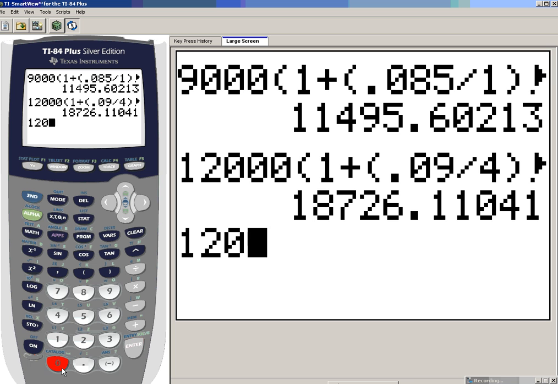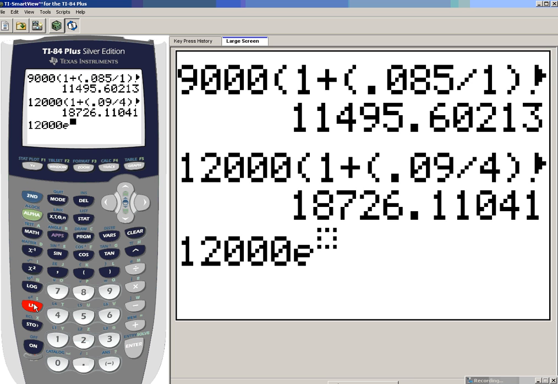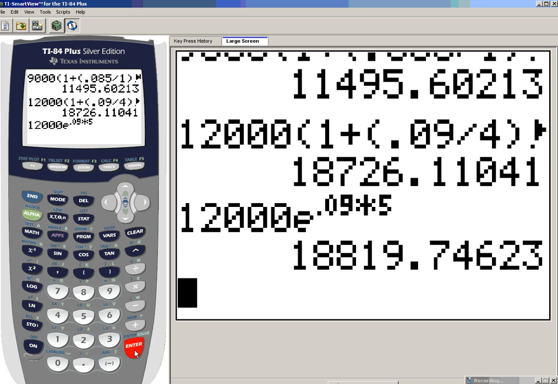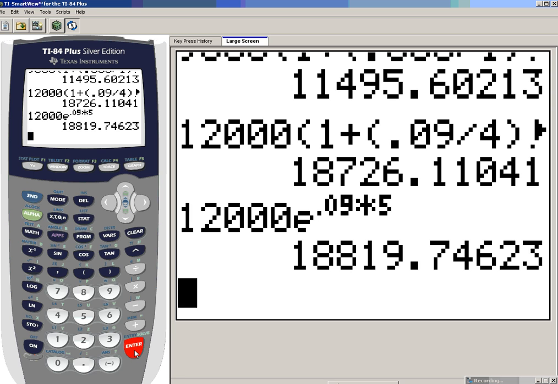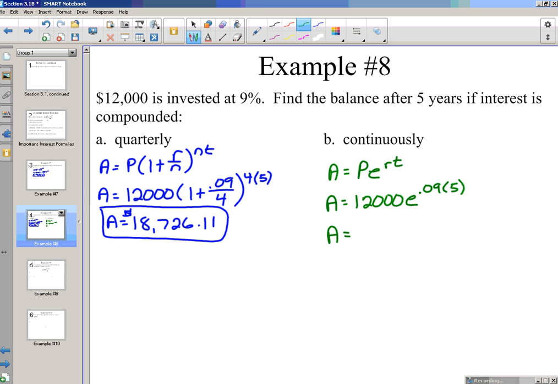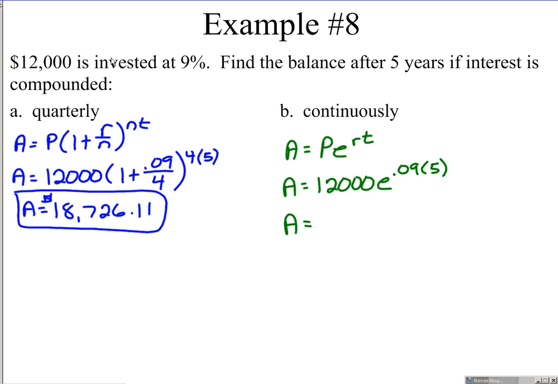12,000 times e to the 0.09 times 5 power gives $18,819.75 if we round to 2 decimal places.